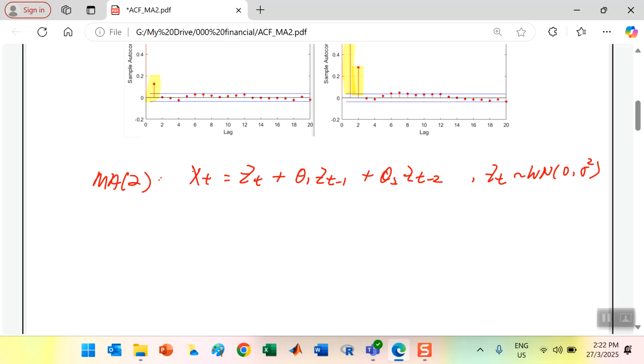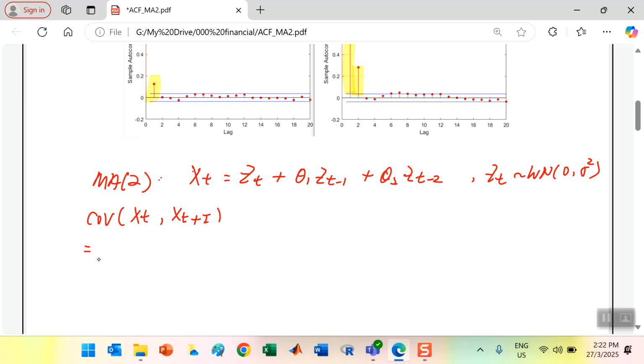If you would like to determine the covariance of Xt at lag k, or lag tau, you can define the covariance between Xt and X(t+tau). Of course, you can use X(t-tau), because covariance is an even function, so the covariance at lag minus tau and plus tau are the same. By doing so, you can expand this.